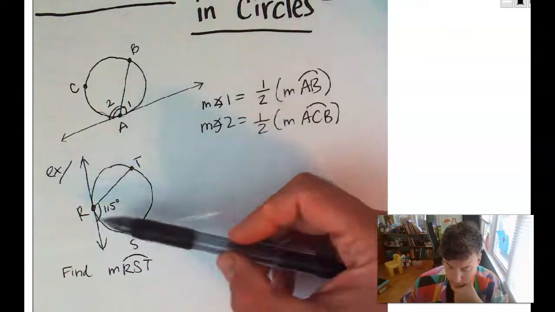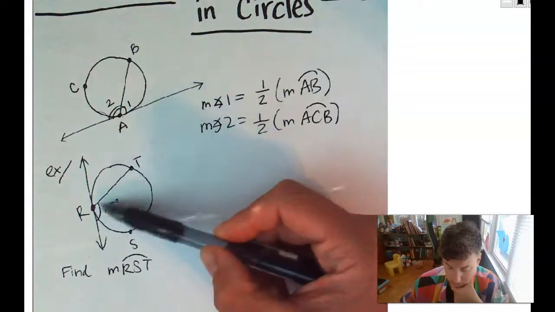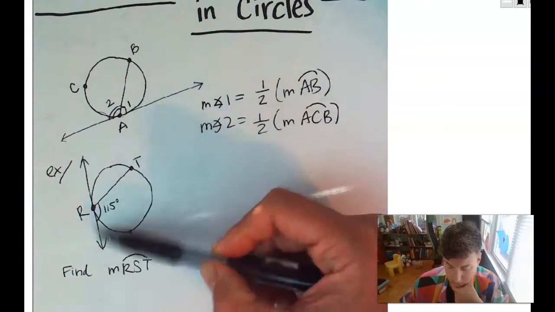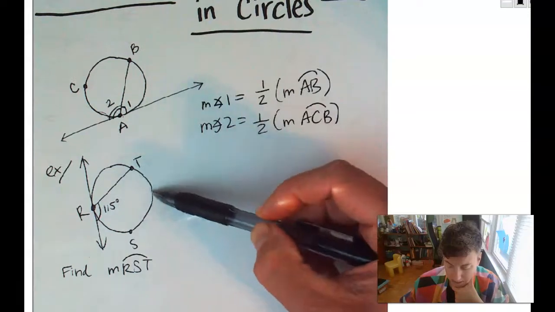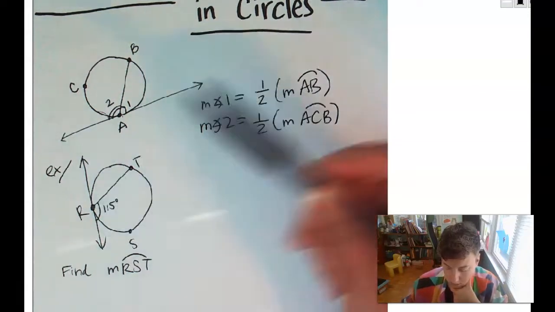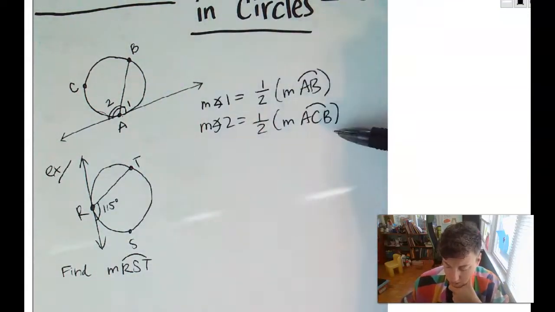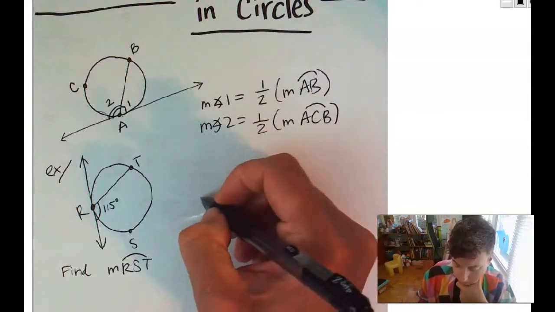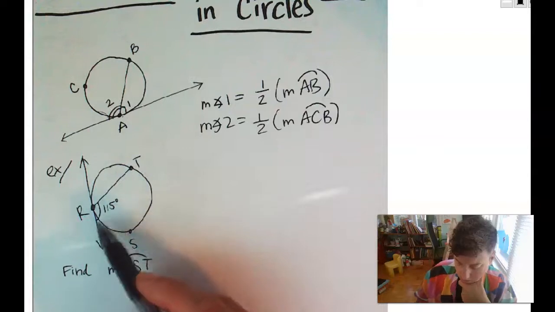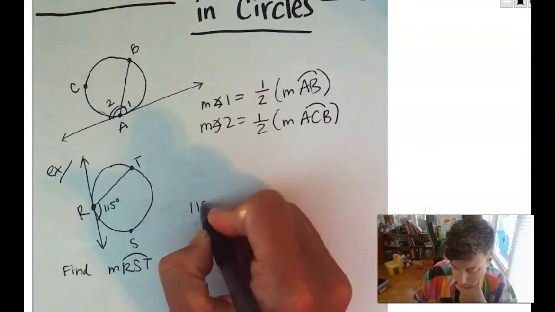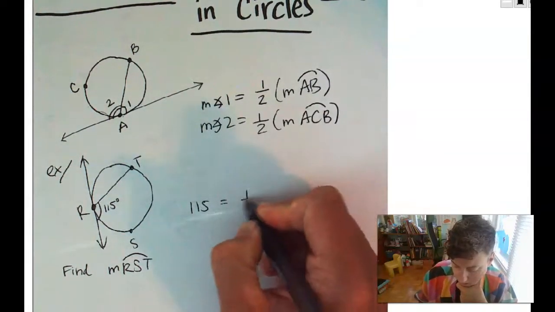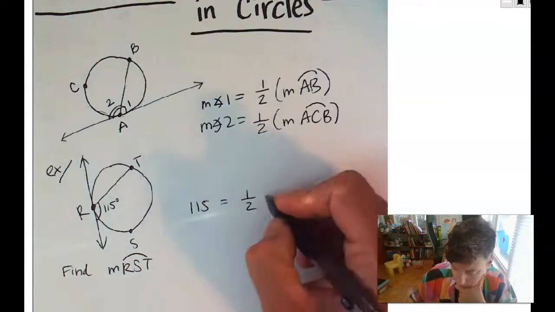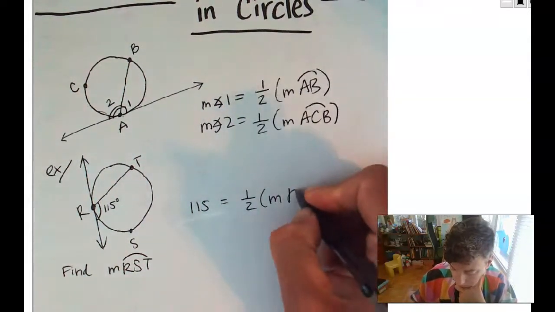Now clearly, this angle intercepts a big arc. So we're going to look at this second one here. So we'll say the measure of this angle, which is 115 degrees, is 1/2 of the measure of arc RST.